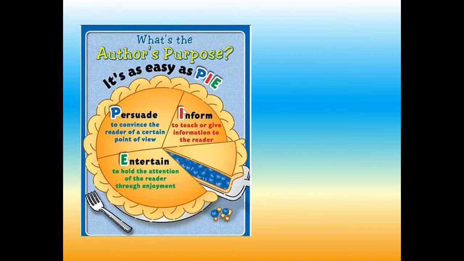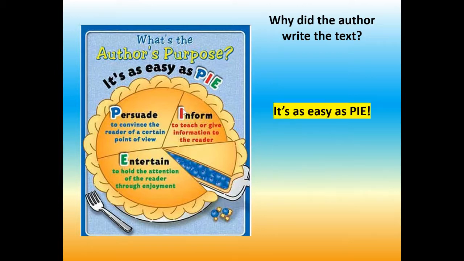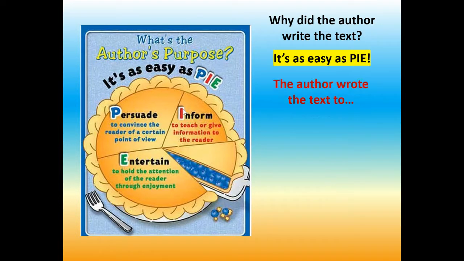So let's review why did the author write the text Lucia's Neighborhood? Why did they decide to write this book or narrative nonfiction? So it's as easy as pie. So the author wrote the text to persuade. P means persuade, and persuade means to convince the reader of a certain point of view, to convince them.